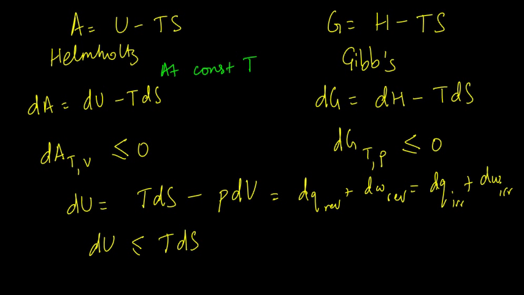So when I am saying over here that this is equal to TdS minus PdV, and I put dV equals 0, I managed to get TdS. So this is just the reversible heat exchanged.